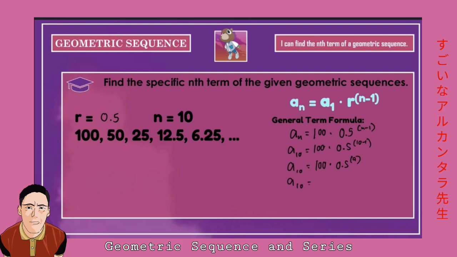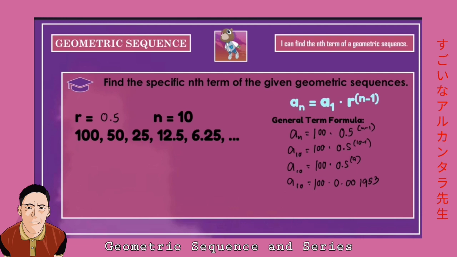So let's see what the answer will be. 0.5 raised to 9 is 0.00195. So in this case, you can actually simplify it later, because you're going to use your calculator anyway.